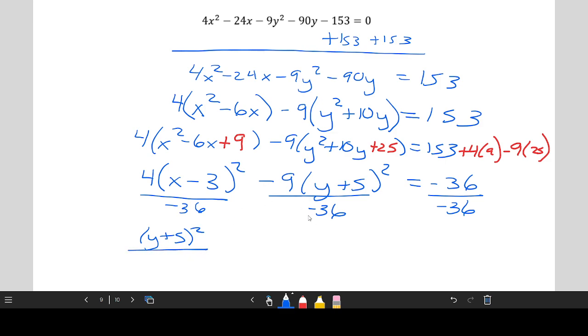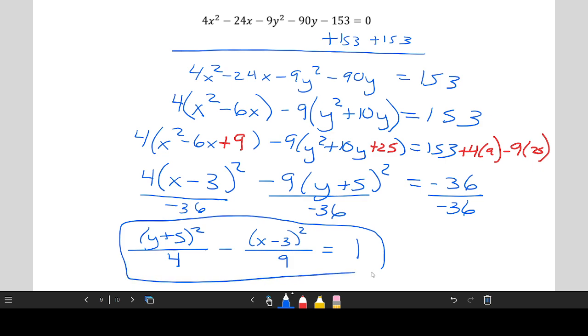And so 9 over 36 is 1 over 4. And then for the x part we have 4 over negative 36, which is negative 1/9. And so this is the equation that we would use to graph it then.